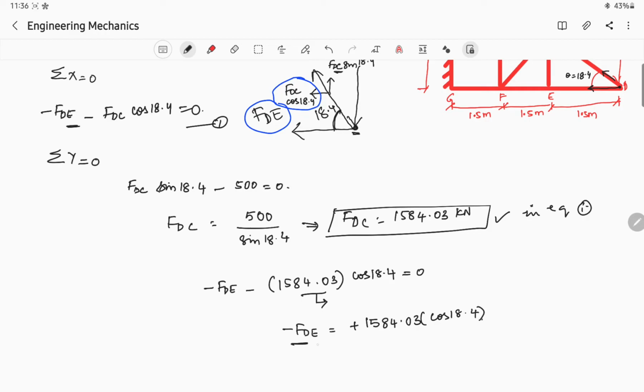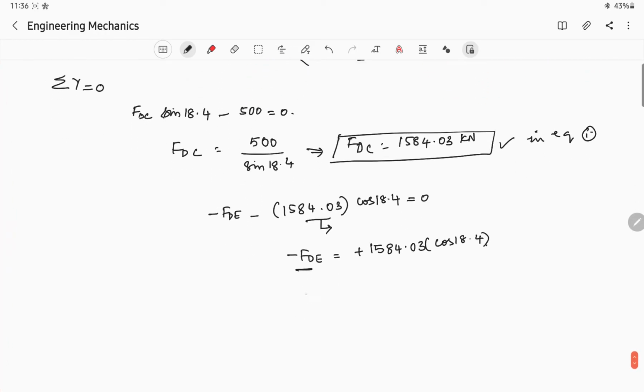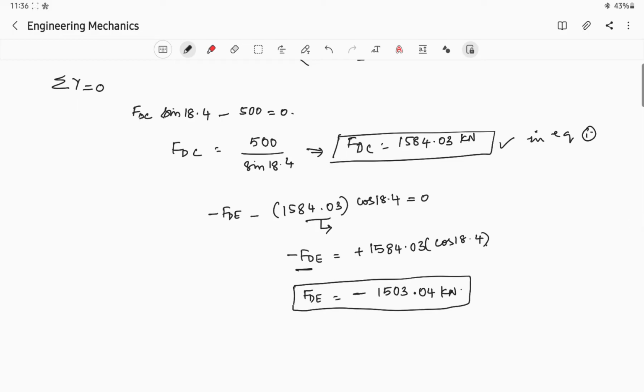Since this is minus, FDE is equal to minus of, simplify, 1584.03 into cos 18.4, you will get it as minus 1503.04 kilonewton. Okay, so this is the force in member DE. Fine. So we have calculated the forces in member DC and also the forces in member DE.